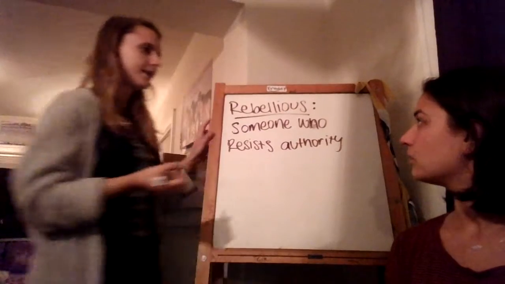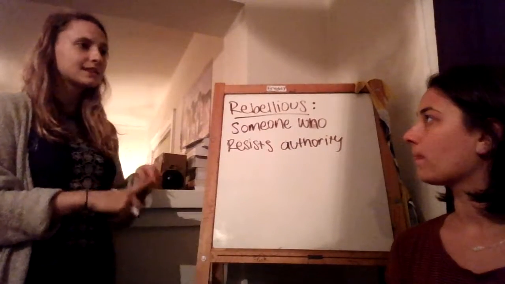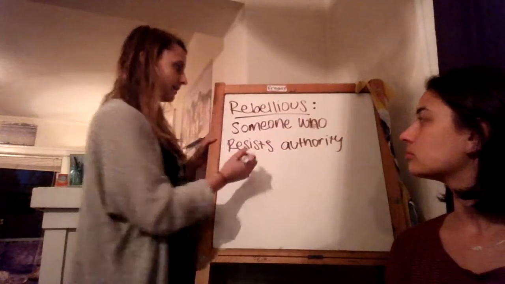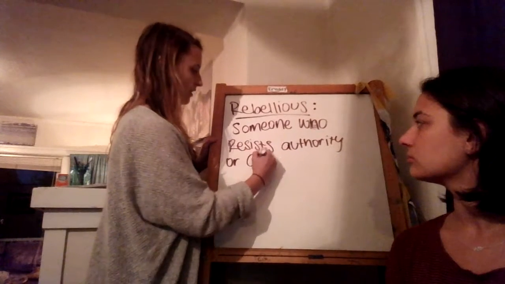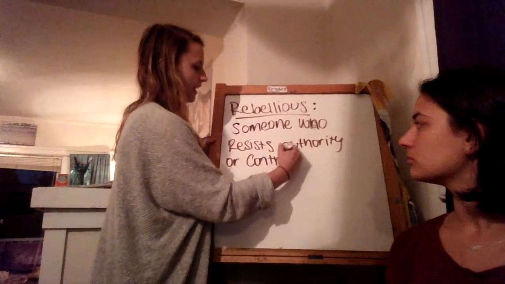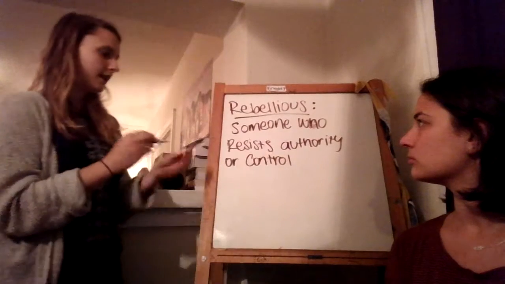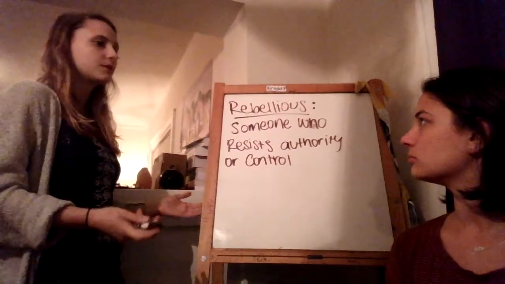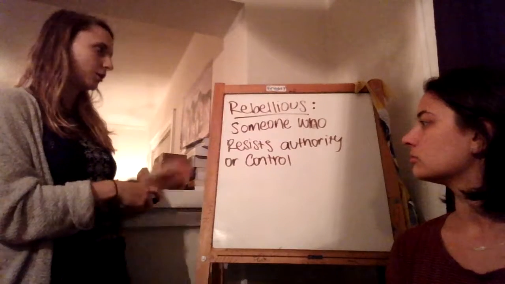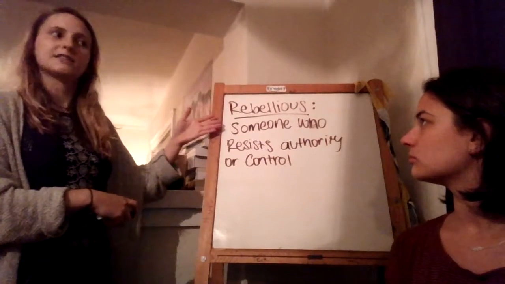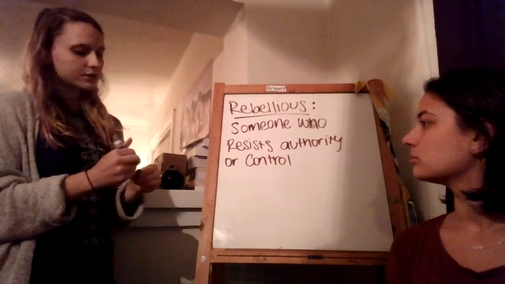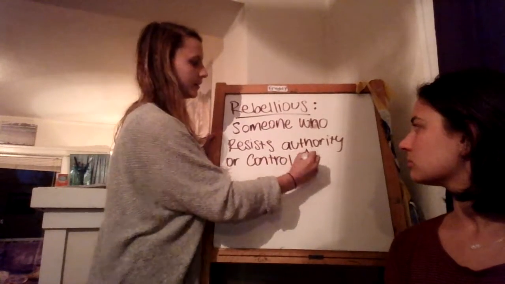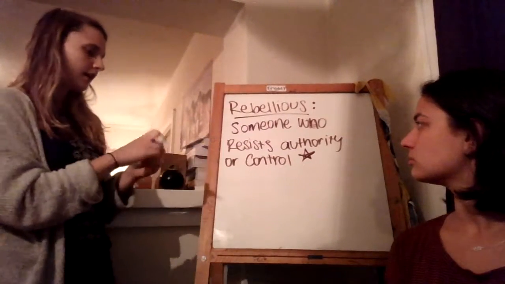So authority being the police, a teacher, or parents, or control. And control would be the control that maybe cops or parents have over the rebellious person. So this would be an example of a good definition.